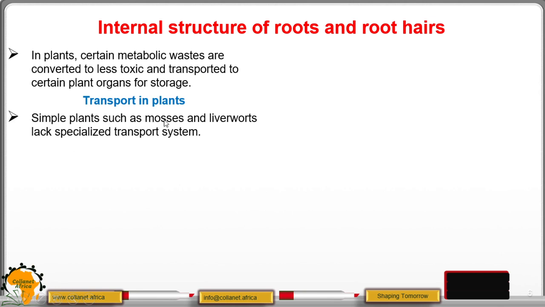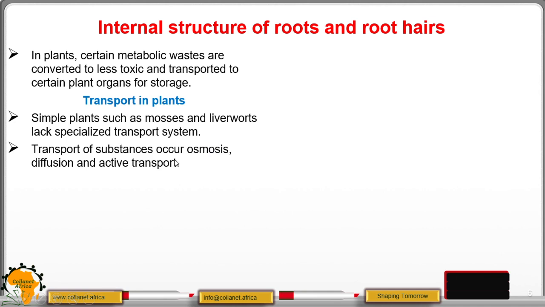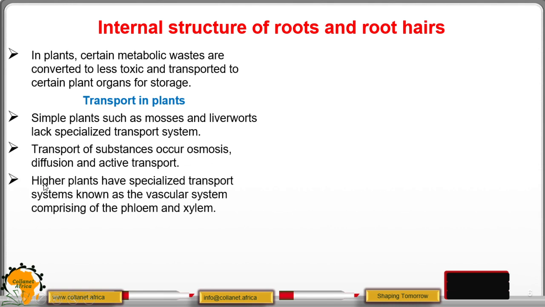Simple plants like mosses and liverworts lack a specialized transport system. Transport of substances takes place through osmosis, diffusion, and active transport. So refer to Form 1 so that you can remember these processes. Higher plants have specialized transport systems known as the vascular system, which has the phloem and the xylem.